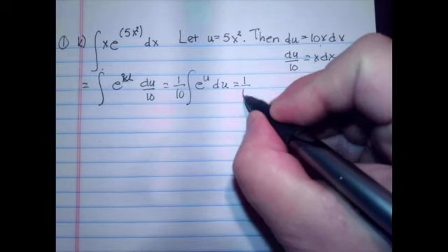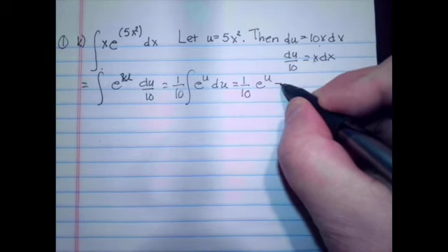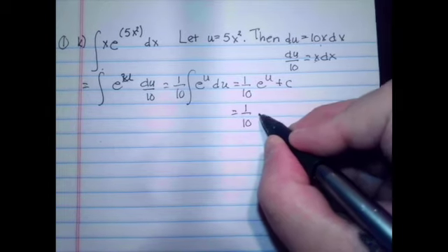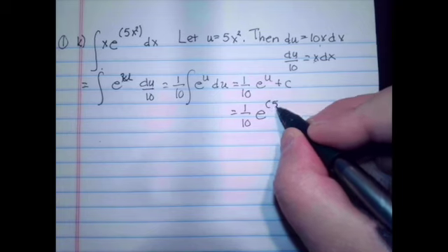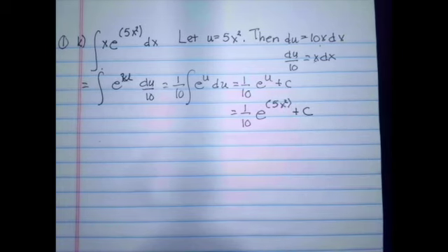The integral of e to the u with respect to u is e to the u. There's our constant of integration. And we're left with 1/10 times e to the power 5x squared plus an arbitrary constant of integration.